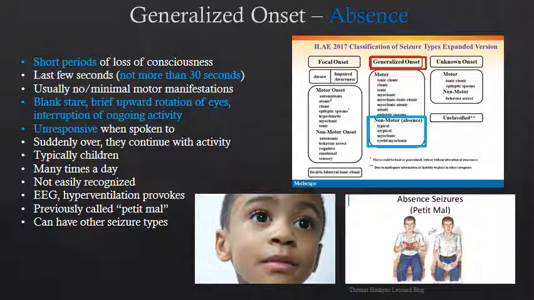The picture on the right shows a young boy reading a book. Suddenly, with the onset of the absence seizure, he drops his book into his lap and has a blank stare on his face. Once the seizure is over, he will pick up his book and continue to read as if nothing has happened. He will have no recollection of the seizure event.